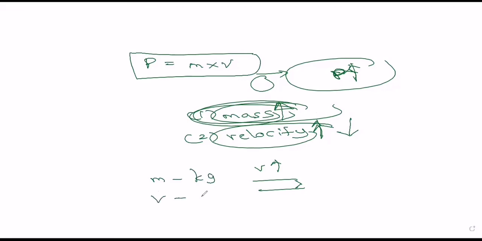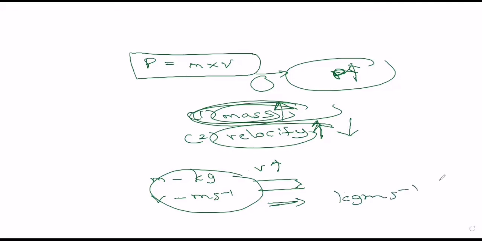The unit of velocity is m s^-1. Therefore, the unit of momentum is kg m s^-1. Is it clear? Did you all understand, children? Any doubts? Okay, so that's all we have up to that part. So that is the unit.